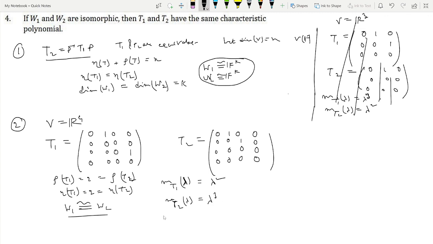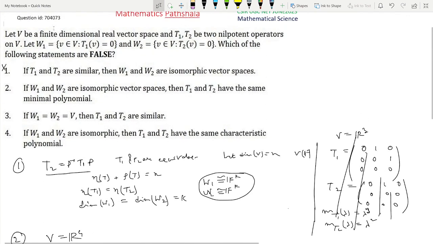So they are not the same. See option 2: here W1 and W2 are isomorphic, but the minimal polynomials of T1 and T2 are not the same. So option 2 is not true in general, so option 2 is false. So this is our correct option because this is false.